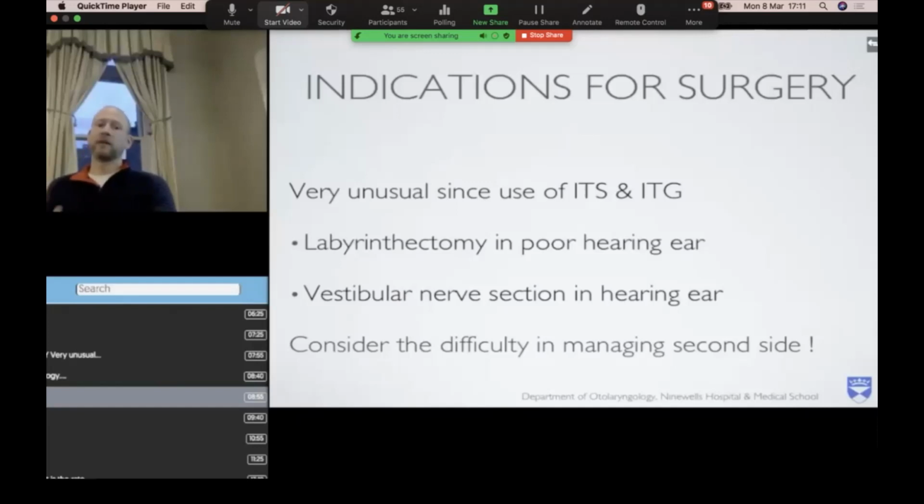Or a vestibular nerve section, you're going to get rid of the vertigo, they're going to lose their balance, but you're hopefully going to preserve their hearing. Again, in that circumstance, it's very worthwhile mentioning the difficulty in managing the second side if it ever comes to it. So you want to be very selective about offering that. You certainly wouldn't want to be going straight in.